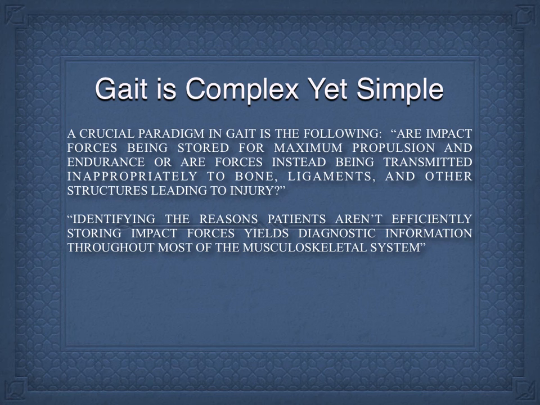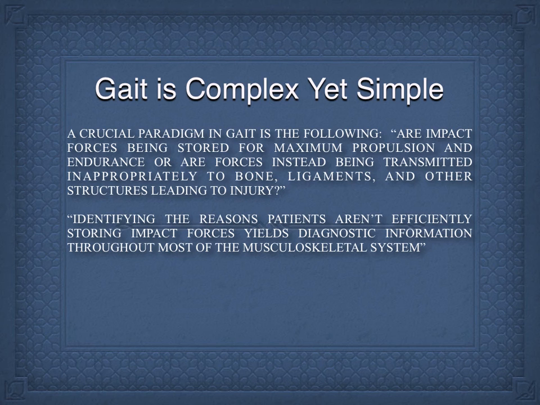So when it comes to gait, it is extremely complex. You can learn so much about the patient from gait, yet it comes down to some very simple principles. Are impact forces being stored, particularly during mid-stance, for maximum propulsion endurance, and then released, or are they being transmitted inappropriately to bone, ligaments, and other structures leading to injury?